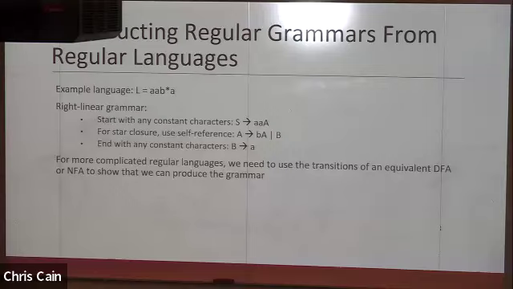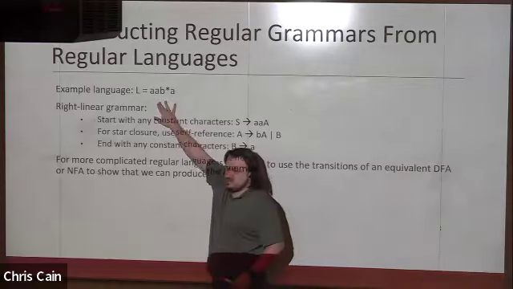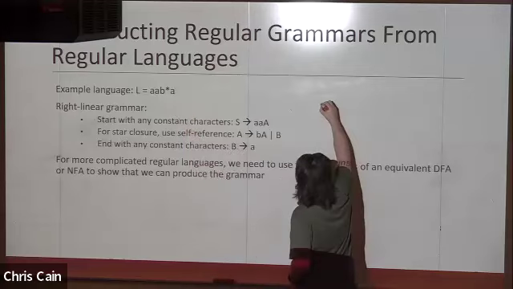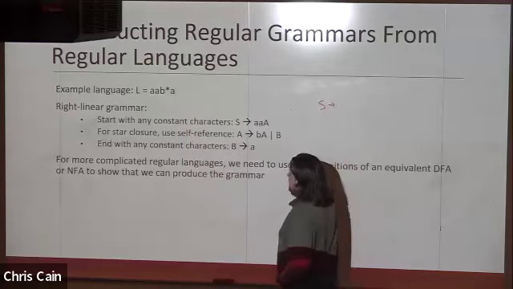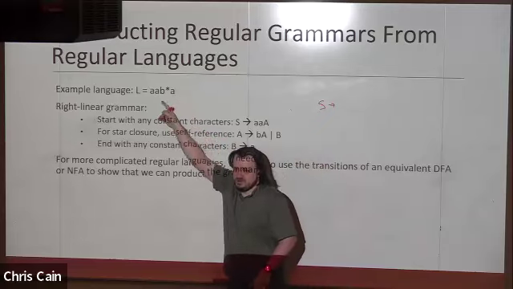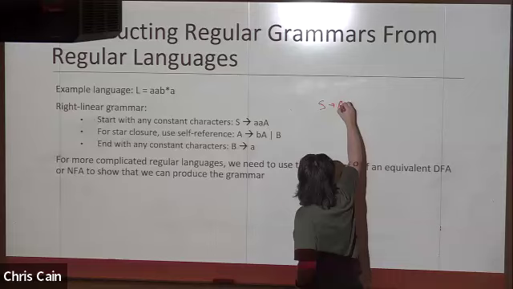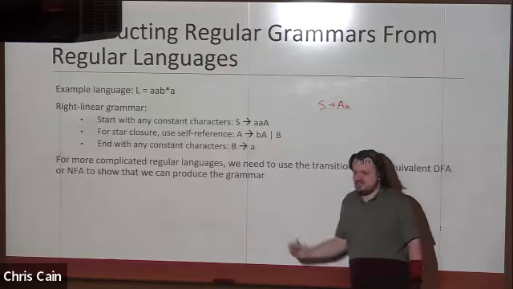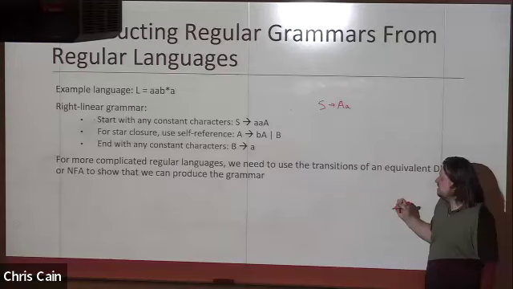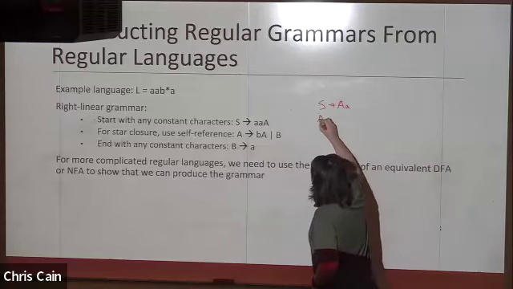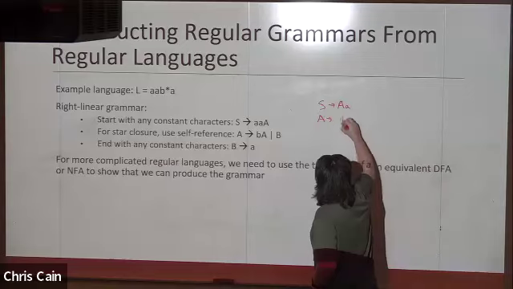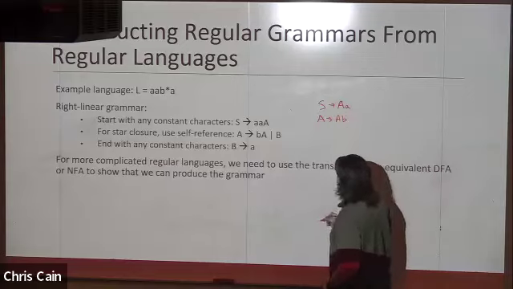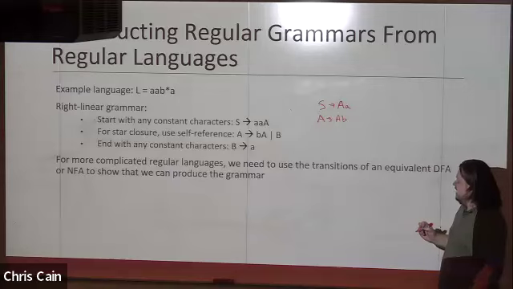Does this language have a left linear grammar? Yes, it does. Everything has both right linear and left linear. Maybe we'll go do that. So instead of starting at the beginning, you start at the end. And so we'll say, what can we dictate from the end of this string? We know there's an A and then there is some repetition. So I'm going to put the variable up front and start the language with what we know for sure. This A's definition now, we need to be able to add a B and recurse at the front because it's left linear now.